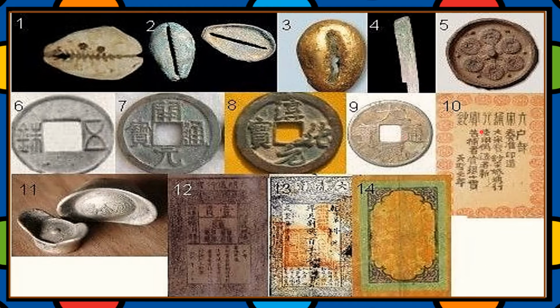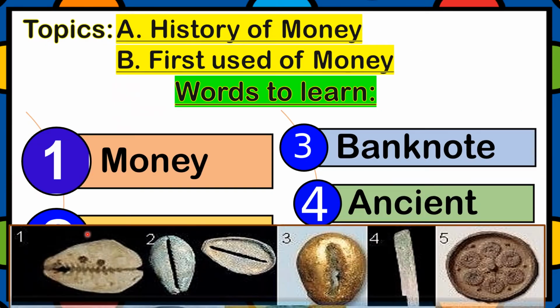We also have here paper notes or banknotes in numbers 10, 12, and 13. Number 14, it is the green money that was first used as paper money in America. And number 11, class, is an example of the Egyptian and Mesopotamian ornaments made of silver that they used as money during ancient times.